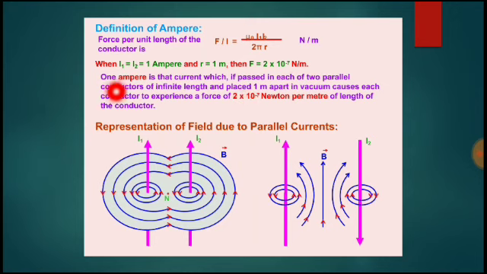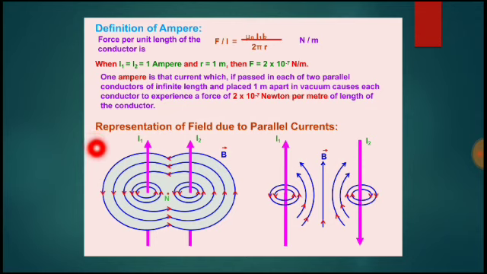Again, 1 ampere is that current which, if passed in each of two parallel conductors of infinite length placed 1 meter apart in vacuum, causes each conductor to experience a force of 2 into 10 power minus 7 Newton per meter of length of conductor.